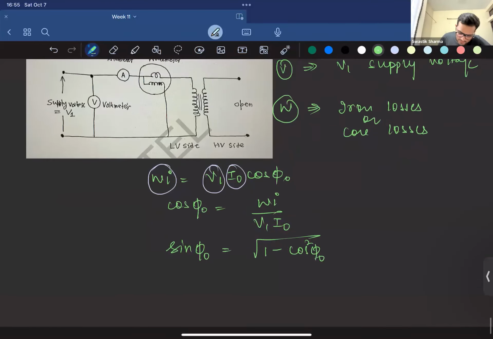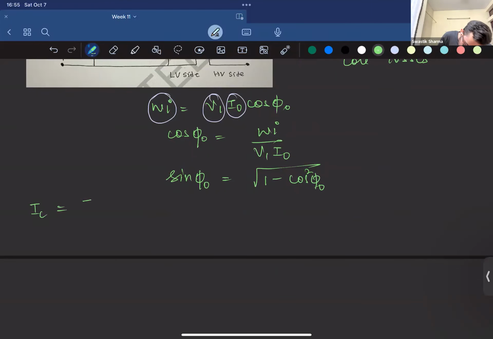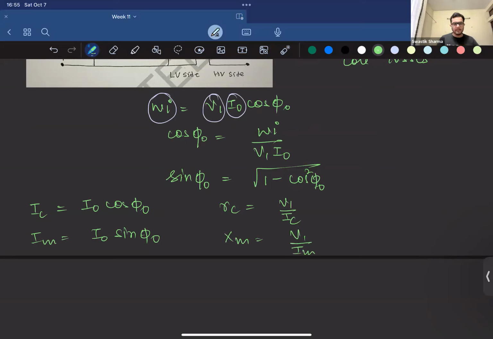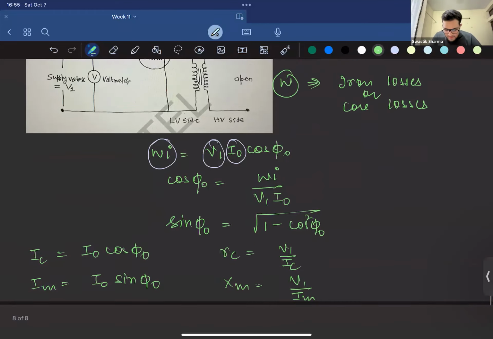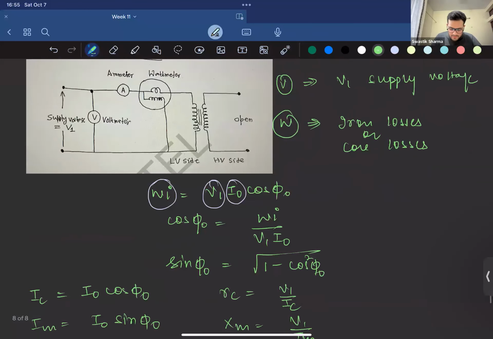Now, we can calculate IC, which is I naught cos phi naught, and IM, which is I naught sin phi naught. Then we can calculate RC, which is V1 upon IC, and XM, which is V1 upon IM. So that's how we can calculate the shunt parameters through an open circuit test.